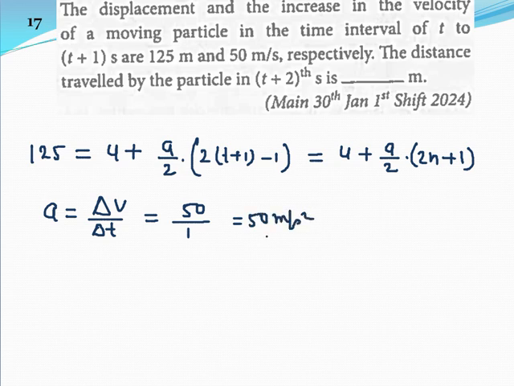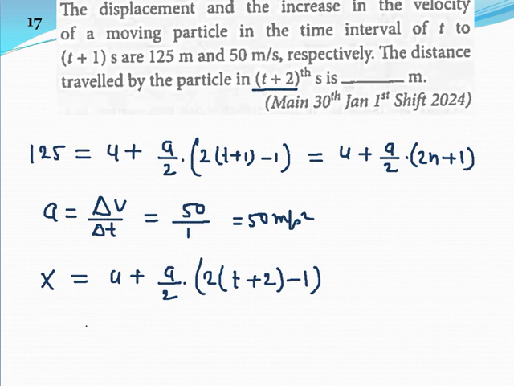Now we have to calculate the distance covered in the t plus 2th second. Writing u plus a by 2 twice of t plus 2 minus 1, arranging it, u plus a by 2 2t, here we have to write t plus 1, and what else is remaining, a.